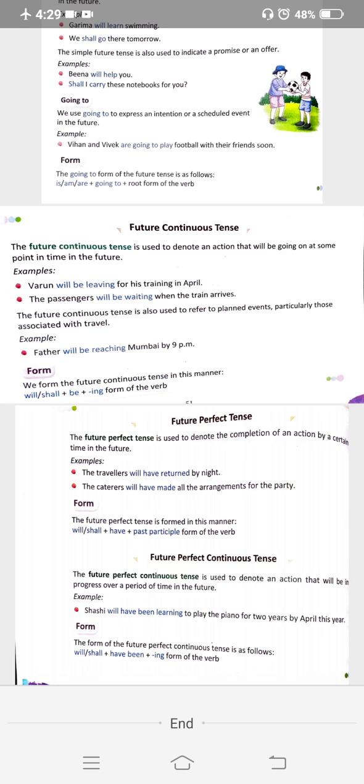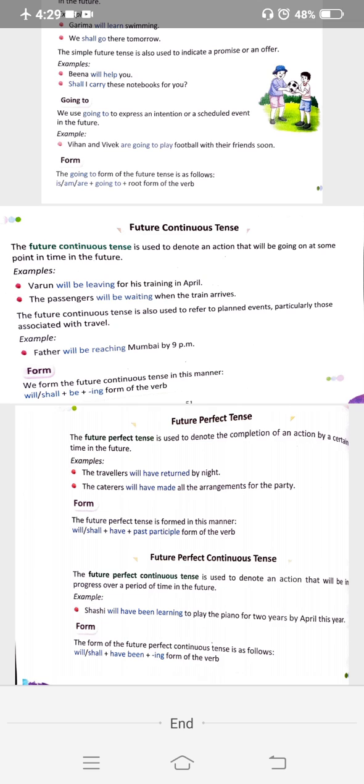It's up to your sentence, and if you want to use shall then you can, but most of the time we only use will. So the form is will/shall plus be plus the ing form of the verb.